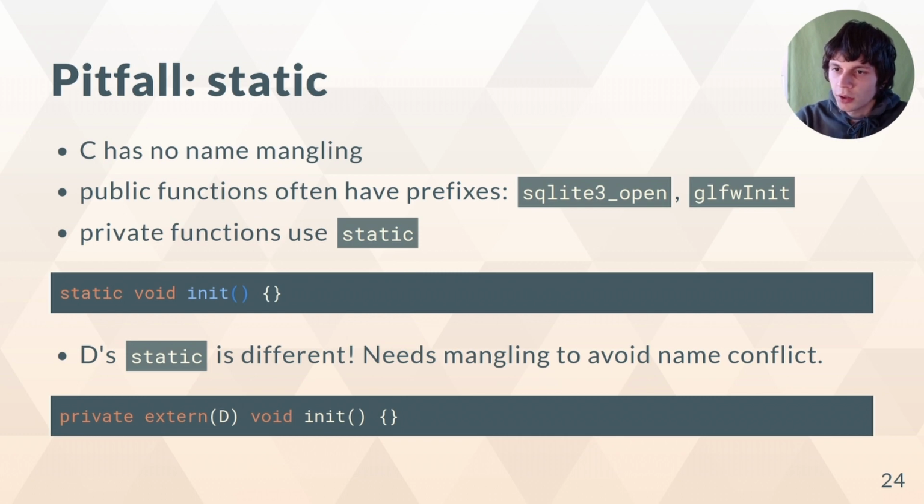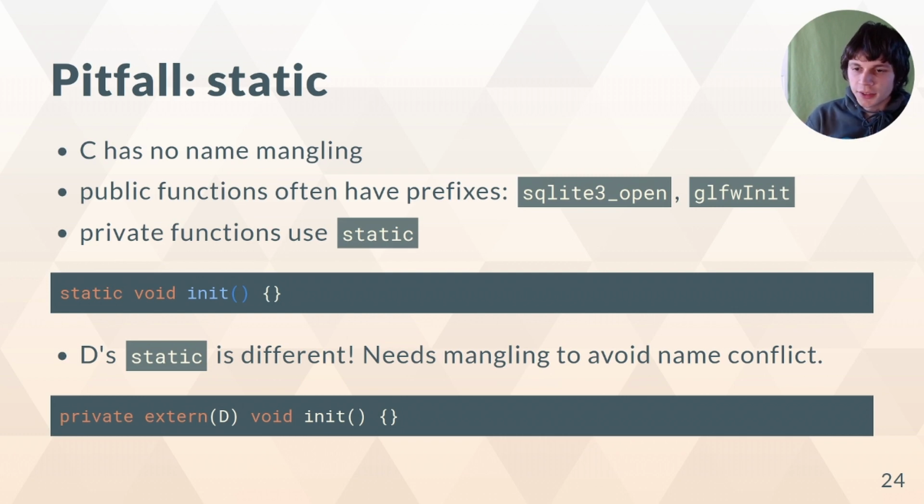Now, if the function is only used within the C file it's declared in, you can mark it static and it won't be exported in the object file. And D has the static keyword as well, but it's different. It can turn a nested function into a global function, but on a global function it doesn't do anything. You cannot just change it to private either, because despite it being only visible in the module, it's still exported as a public function to the linker.